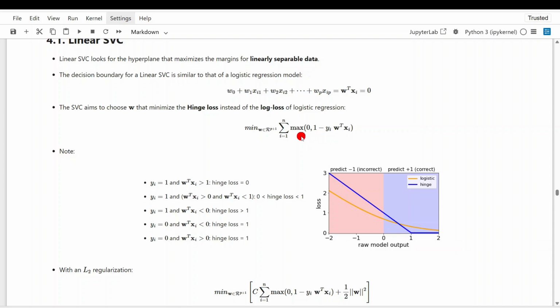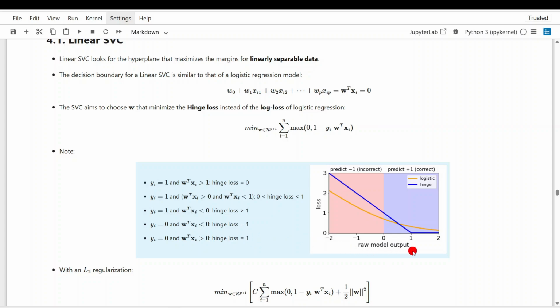Then the maximum of 0 and a number greater than 1 gives a loss greater than 1. And if yi is 0, regardless of the value of the linear predictor, this component will be 0, 1 minus 0 will be 1, and the maximum of 0 or 1 will be 1. Therefore, these are the characteristics of what we call hinge loss.